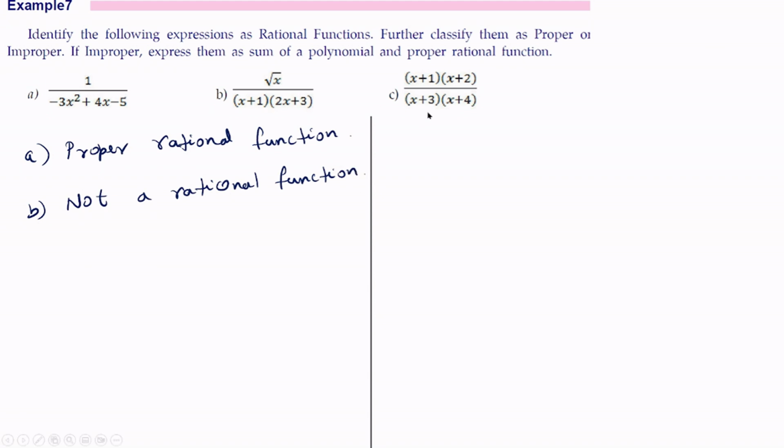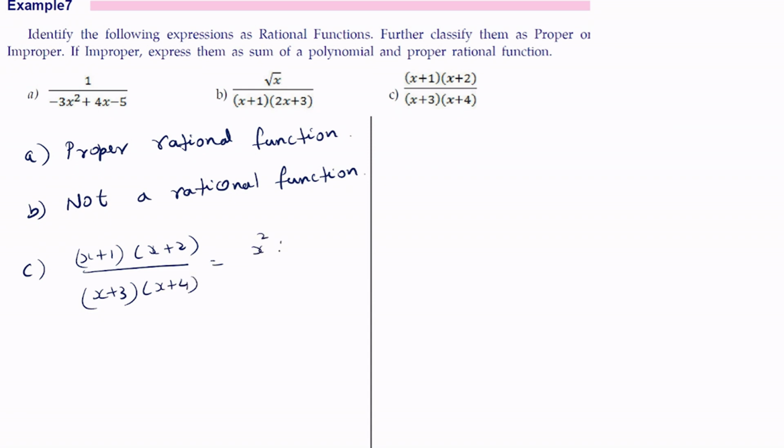Next we have the third subdivision, which is d. Numerator we have x plus 1 into x plus 2. Denominator we have x plus 3 into x plus 4. So first let us simplify and find the degree of numerator and the denominator.